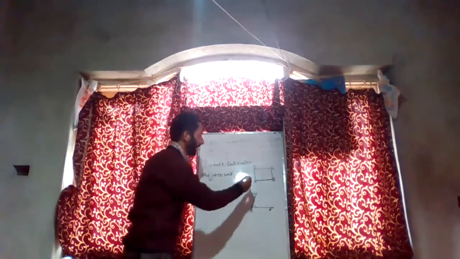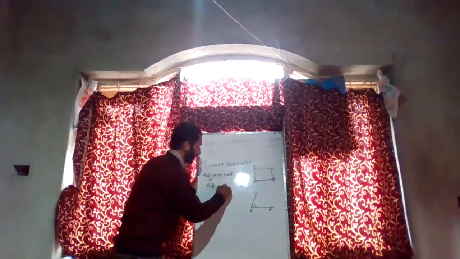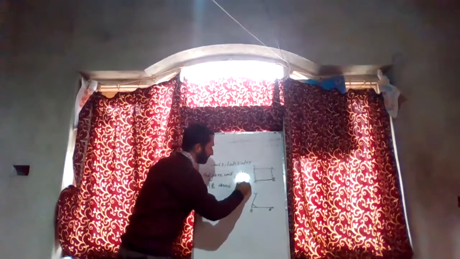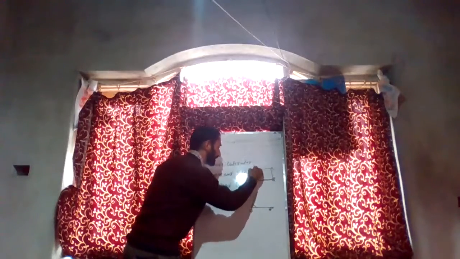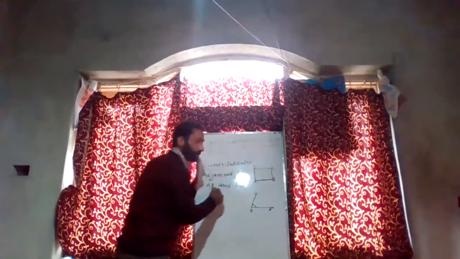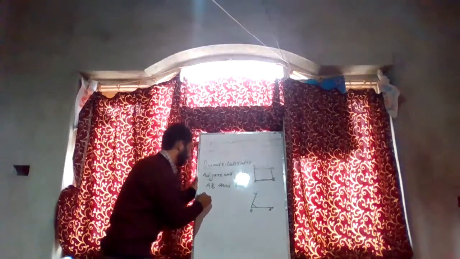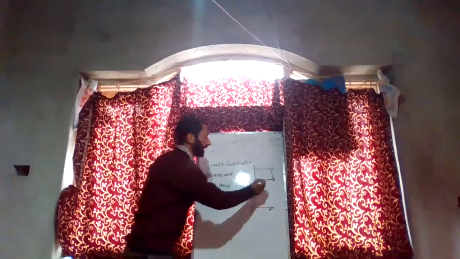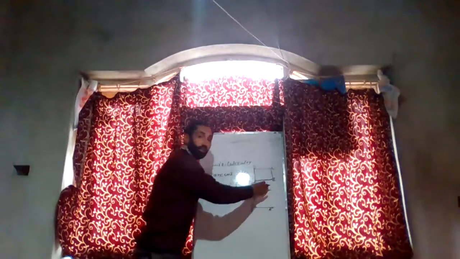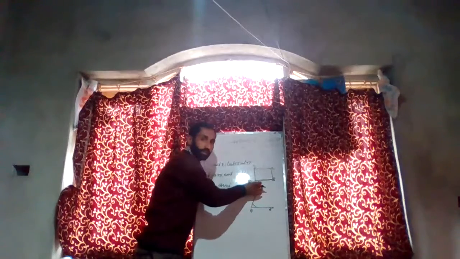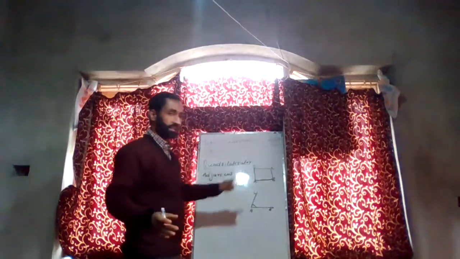For example, side AB and side DA meet at a common point A. These two sides that meet at a common point are called adjacent sides.